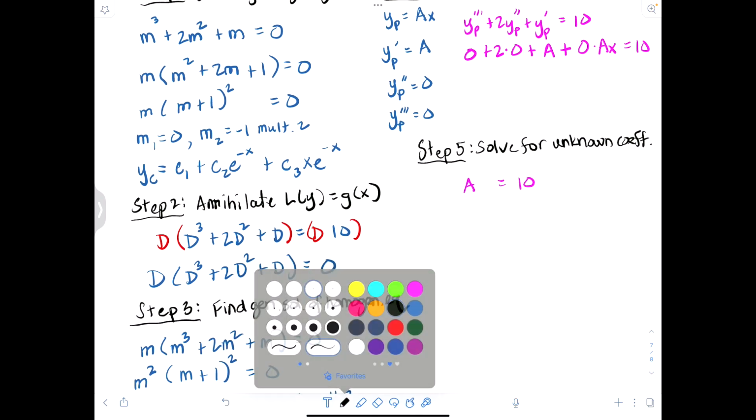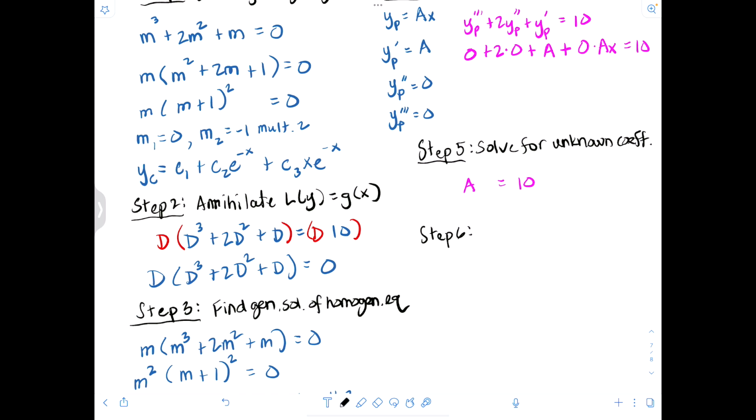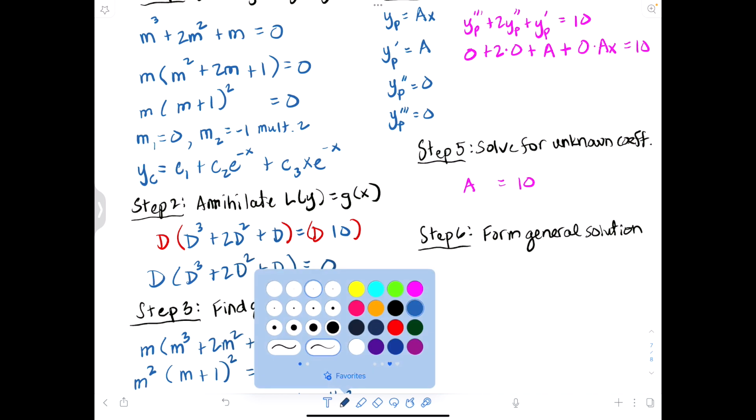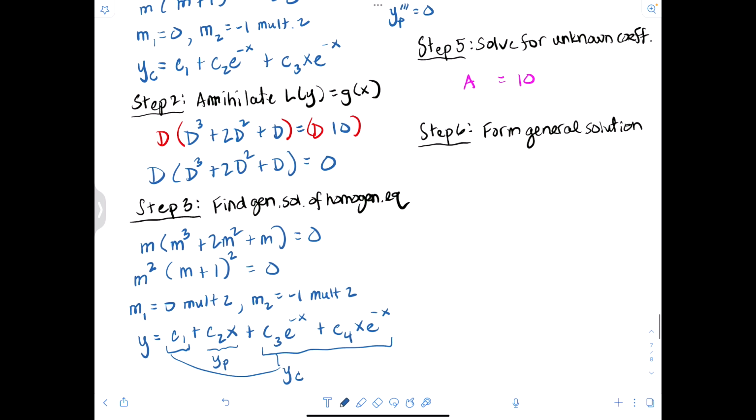So for step 6, where we need to form the general solution, let's see what we had in C3. So we will have Y equals C1 plus 10x, because we solved for that YP.